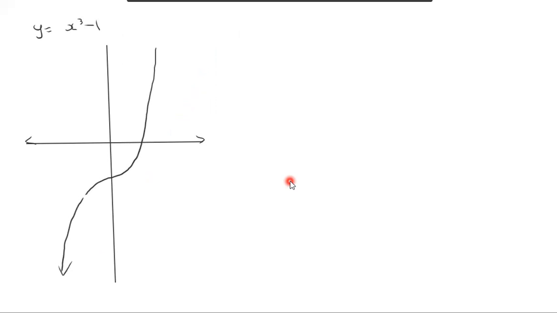So let's say y equals x cubed minus 1. So you probably know x cubed looks kind of like this. Because it's -1, it's now going to look sort of like that. That's the -1 there, and that's 1. So we've got something that looks like that. And let's say I'm interested in the point (2, 7).